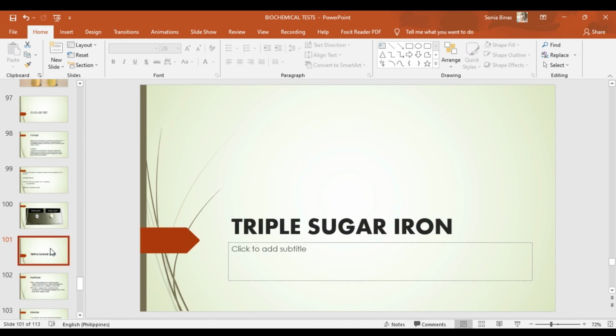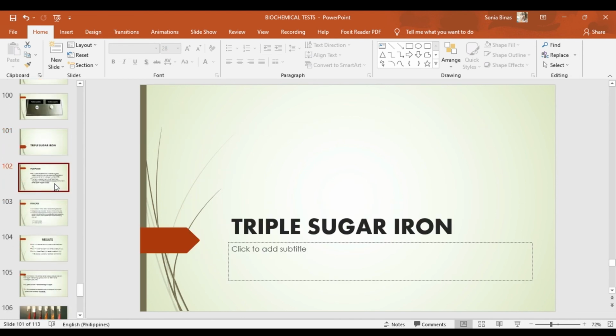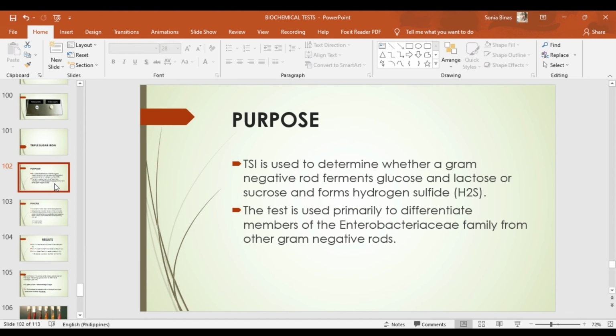So, sa ating triple sugar iron naman, again, it is used for differentiation of the members of Enterobacteriaceae from other gram-negative rods.